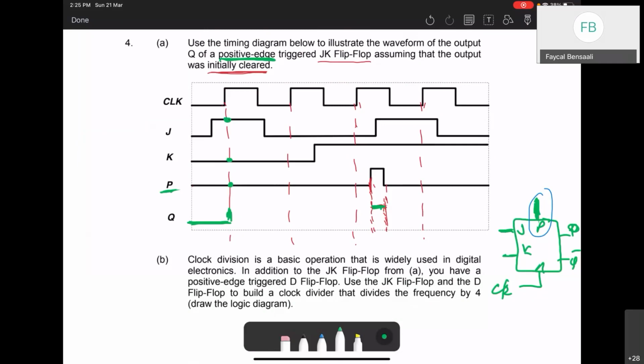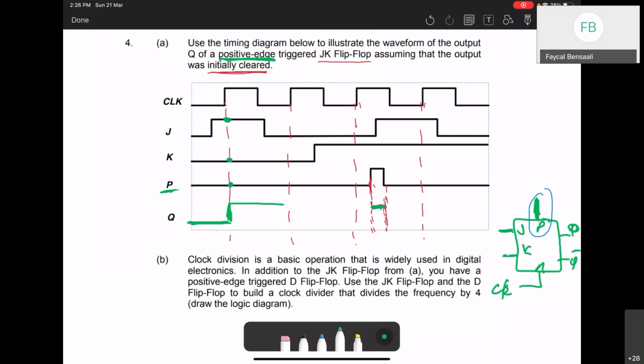So we go to 0. Sorry, it's a set or a reset. J is 1, K is 0. It's a set, so we go to 1. Yes, correct. Good.